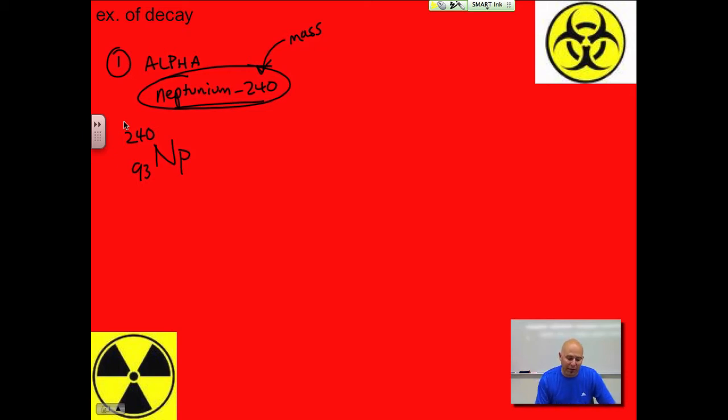Now, if it goes through alpha decay, Neptunium, it breaks down without anything added to it. So we really need to just put that arrow. I put an arrow, meaning we're not adding anything to it. We just have Neptunium breaking down. Now, if it breaks down and goes through alpha decay, we would have an alpha particle being shot off.